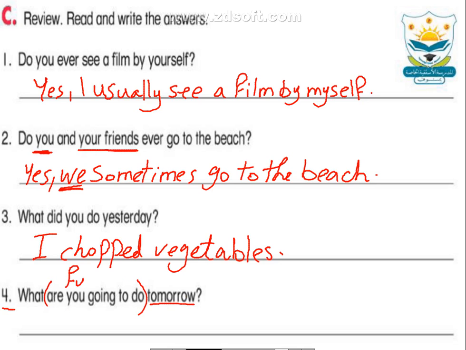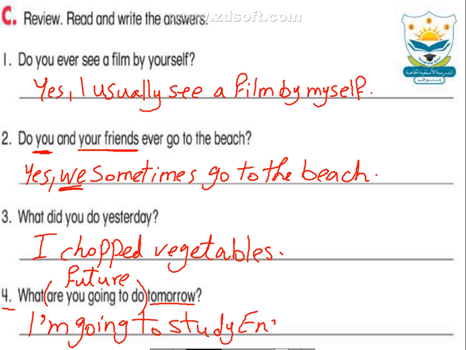Here I am asking about something that will happen in the future. What are you going to do tomorrow? I am going to study English, for example. Okay. Now we have finished Unit 4, Part 2.